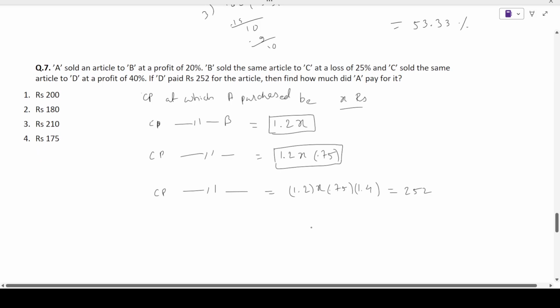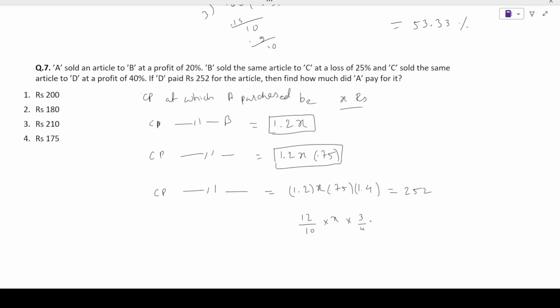Solving this, we have 1.2 can be written as 12 by 10 x. 0.75 can be written as 3 by 4 and 1.4 can be written as 14 by 10, which is equal to 252.